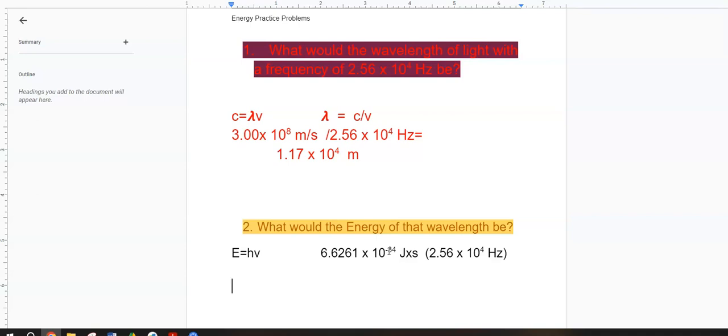And so then when we're done, we're going to get a tiny number, right? So tiny, because Planck's constant is super tiny. So you should get this if I am doing my math right, which one can only hope. Okay, so hopefully you got that. And what's my unit here? Joules. Okay, so that's how much energy is in this wavelength.